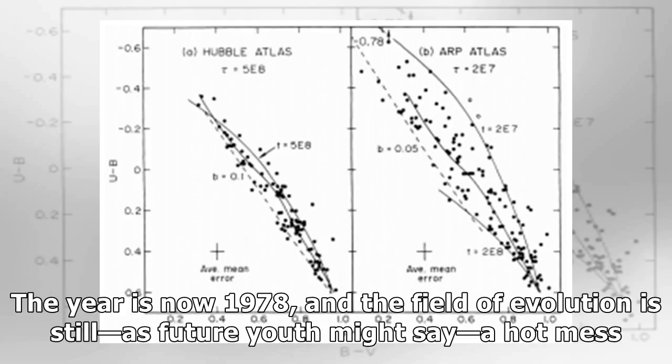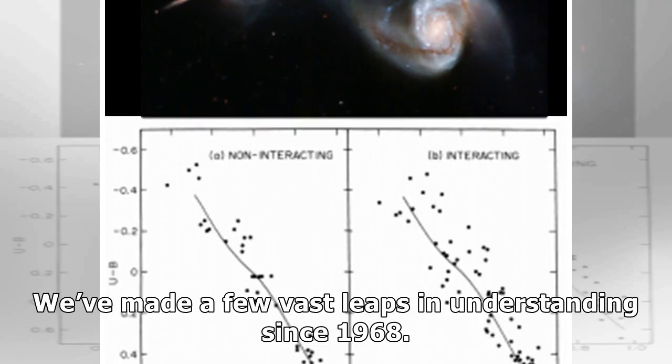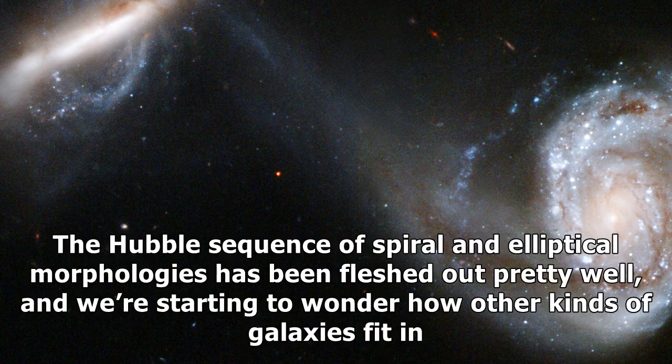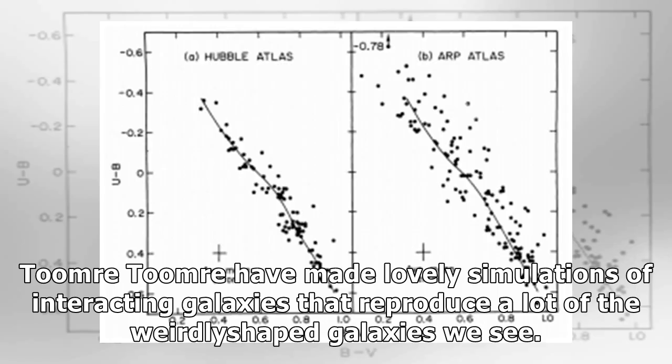The year is now 1978, and the field of galaxy evolution is still, as future youth might say, a hot mess. We've made a few vast leaps in understanding since 1968. The Hubble sequence of spiral and elliptical morphologies has been fleshed out pretty well, and we're starting to wonder how other kinds of galaxies fit in. Toomre has made lovely simulations of interacting galaxies that reproduce a lot of the weirdly shaped galaxies we see.